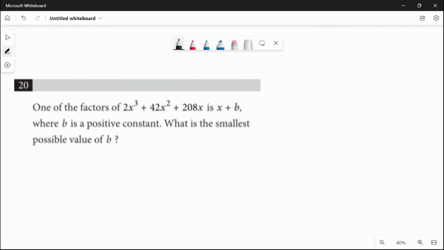One of the factors of 2x to the power of 3 plus 42x to the power of 2 plus 208x is x plus b, where b is a positive constant. What is the smallest possible value of b? So the first step here is taking the common factor out of this function.